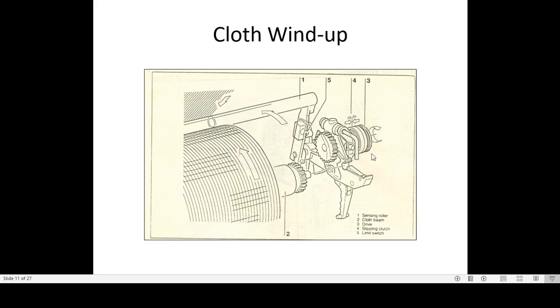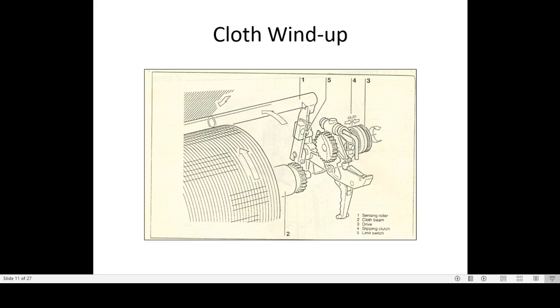So see the parts here. This is where the drive is coming. Fourth number is this clutch, the slipping clutch. From here the drive goes to this gear, and from here to the cloth roller. As the diameter increases, the sensing roller goes backward, goes up, and as it goes up, the sensing roller drive is given to this movable clutch, and it presses.